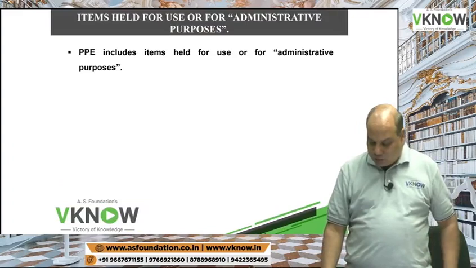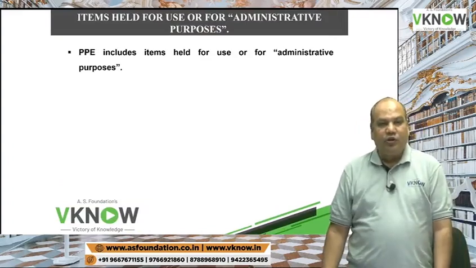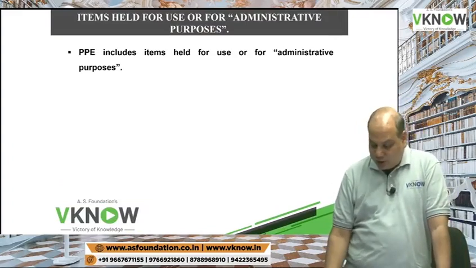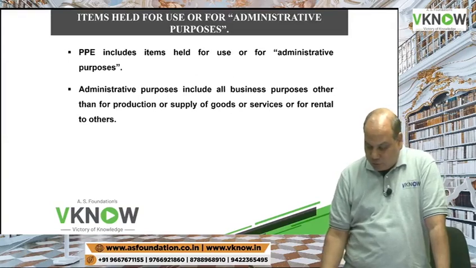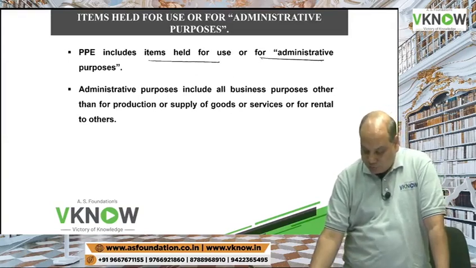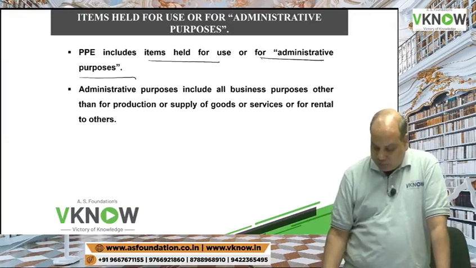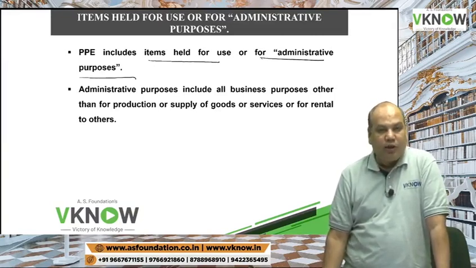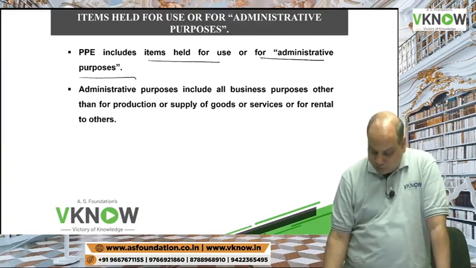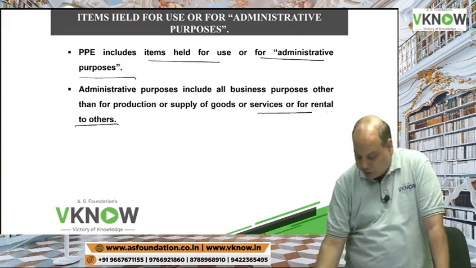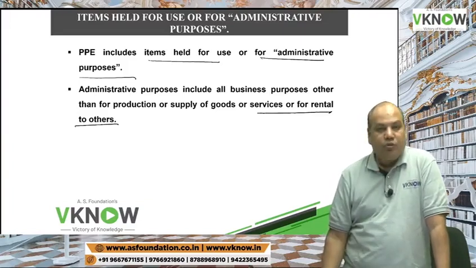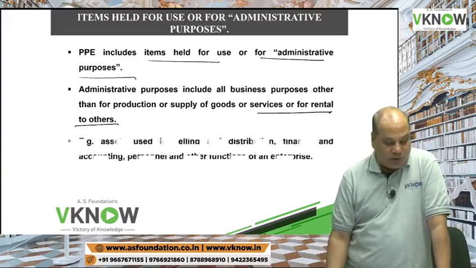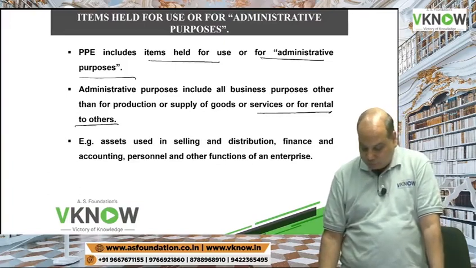Next is, what about the assets which are held for administrative purpose? Of course, an asset held for use or for administrative purpose will be capitalized as PPE. An asset given on rentals to others will also be capitalized as PPE.